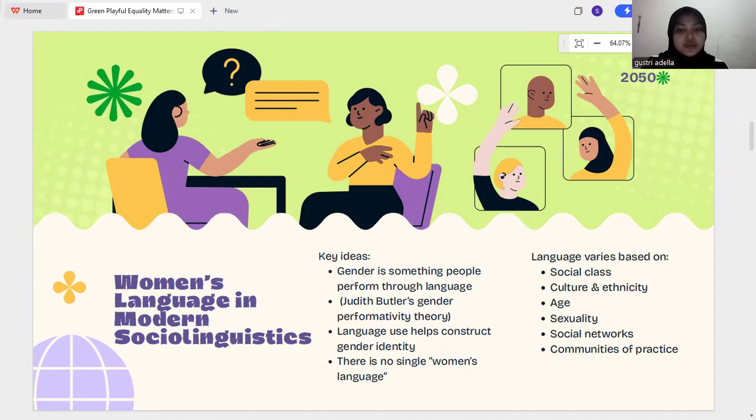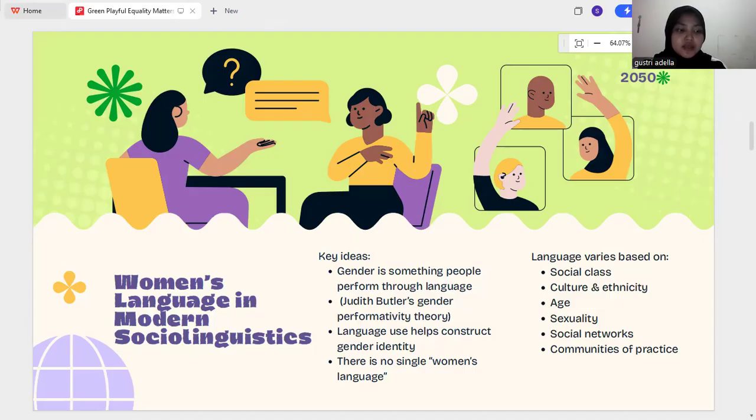And then language use helps construct gender identity, and there is no single women's language. Language varies based on social class, culture, ethnicity, age, sexuality, social networks, and communities of practice.